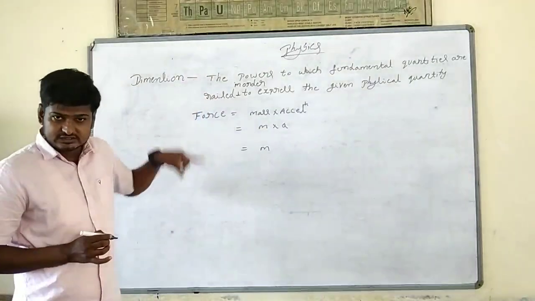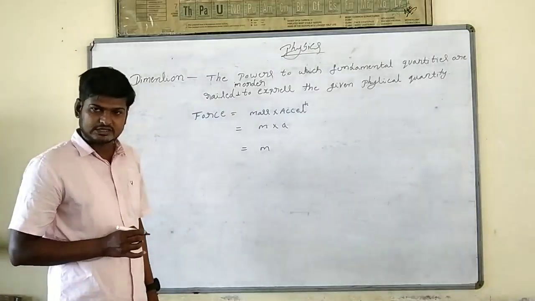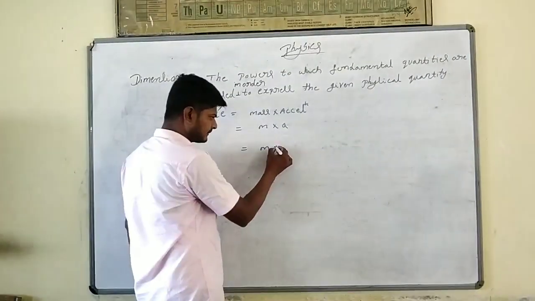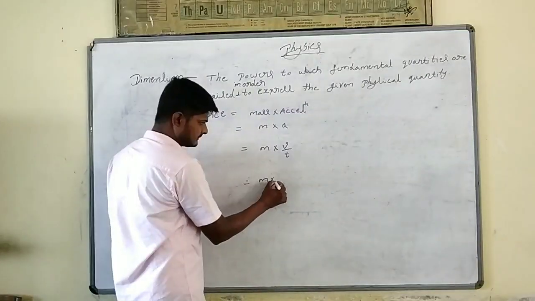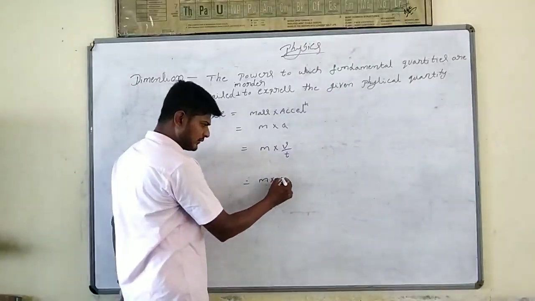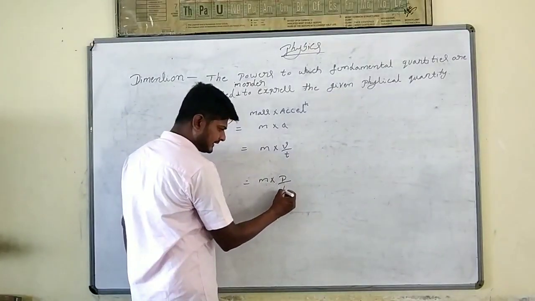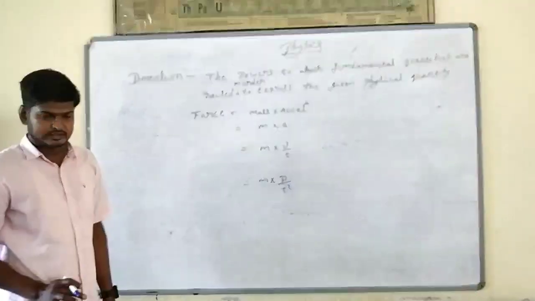Acceleration is not there, that will be derived. Acceleration means velocity by time. Time is also fundamental, but velocity is derived. Again, velocity we write as displacement by time. Means time by time, time into time, it is going to become time square.